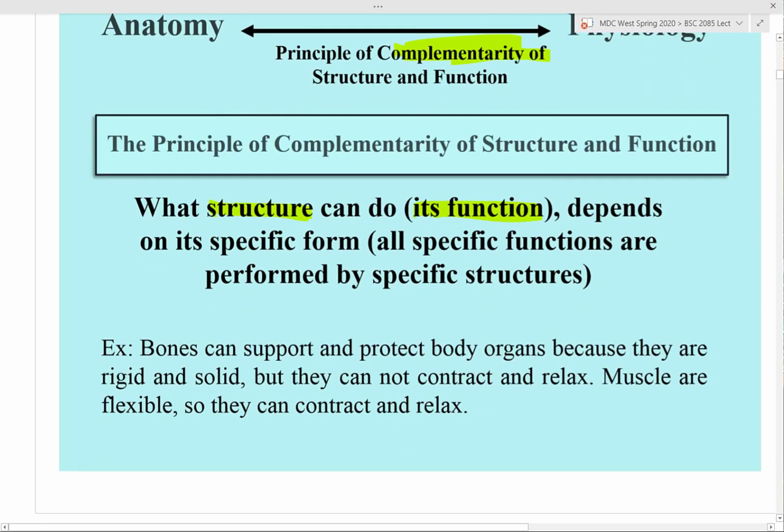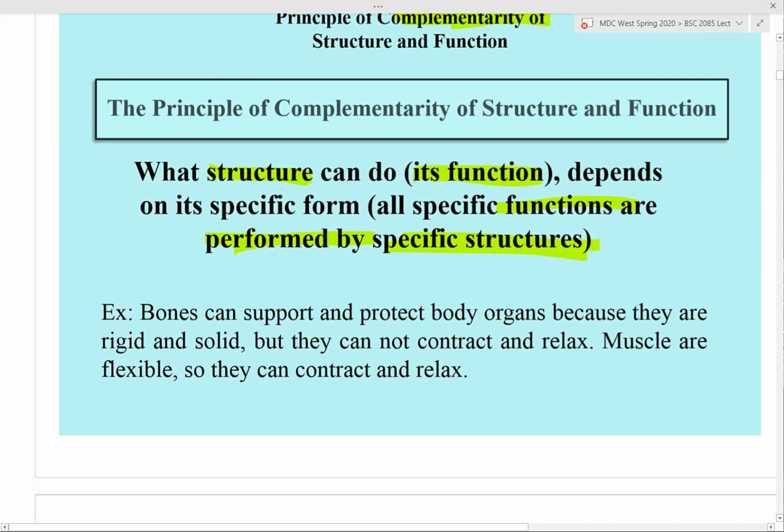So all specific functions are performed by a specific structure. For example, bones. What is the function of having bones? It gives you some sort of stand-up body, they call it structure.